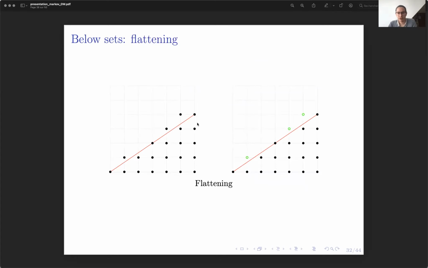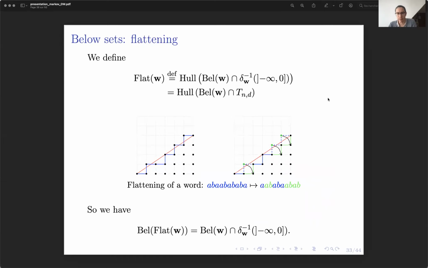We define the flattening of a below set. You have a line and you don't want anything above the line. So you remove the green dots. And you can do the same with a word. So here, with this word in blue, you get this word in blue and green.